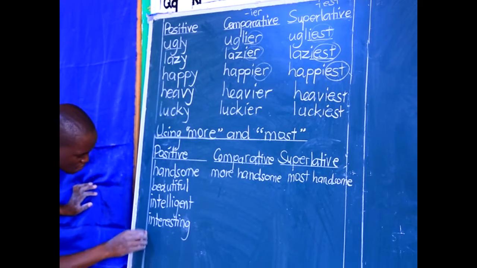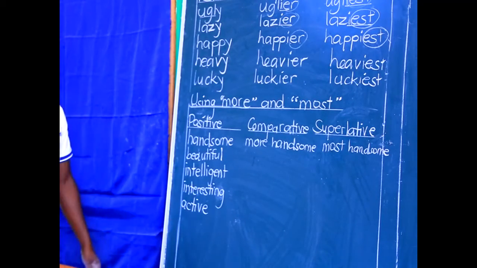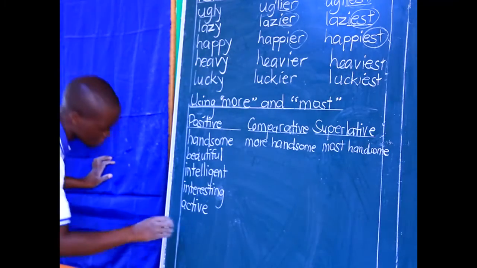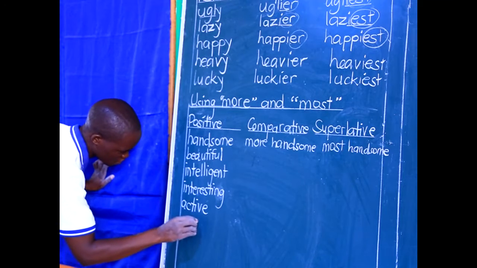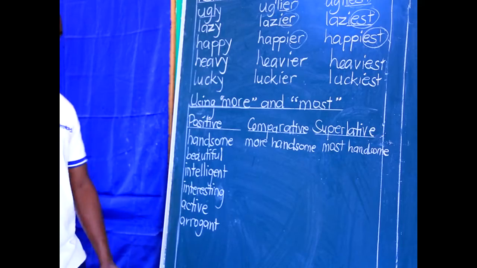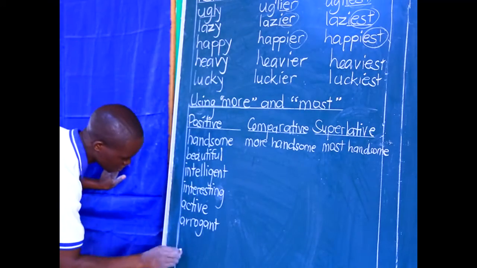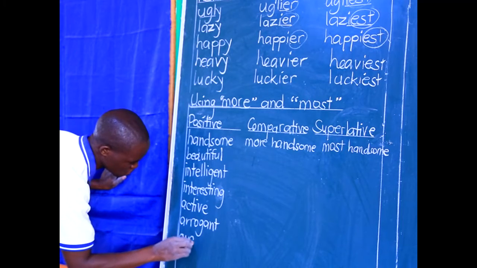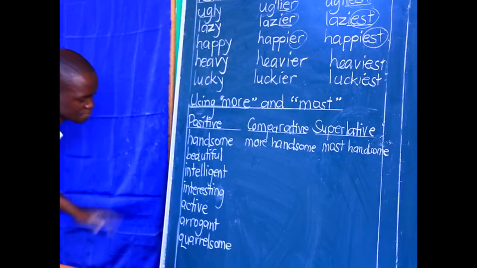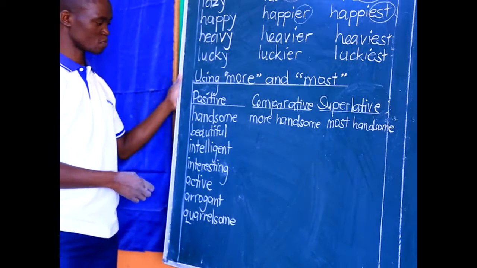We have words like active, more active, most active. Arrogant: more arrogant and most arrogant. Think of other words like quarrelsome. More quarrelsome, and lastly most quarrelsome.